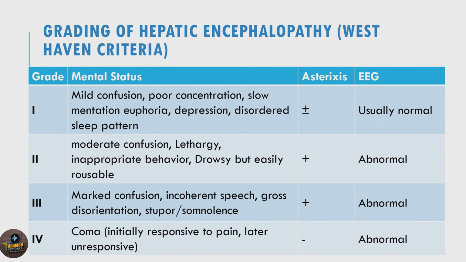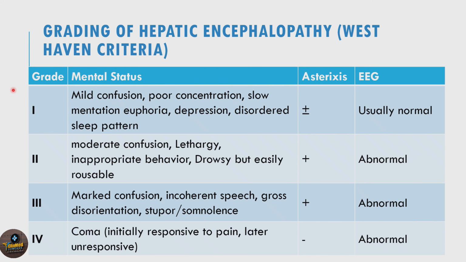Now, we take a look at the grading of hepatic encephalopathy. Hepatic encephalopathy is graded using the West Haven criteria. It is graded from 1 to 4, taking into consideration the mental status of the patient, presence of asterixis or not, and the EEG findings.